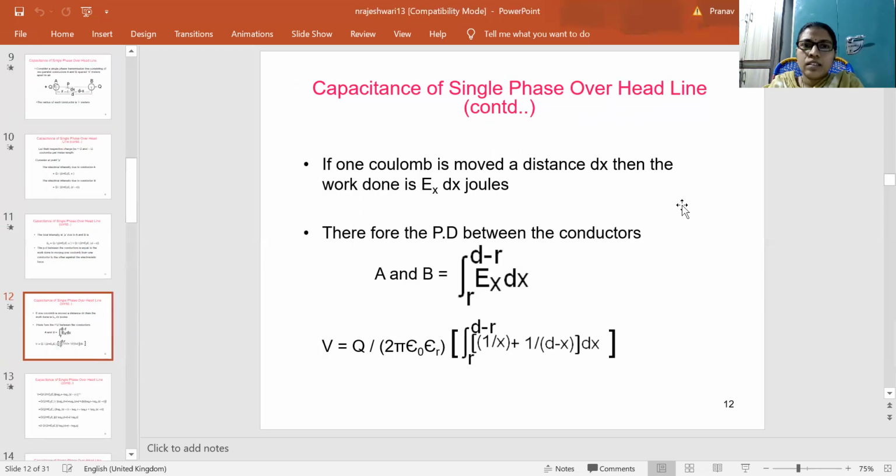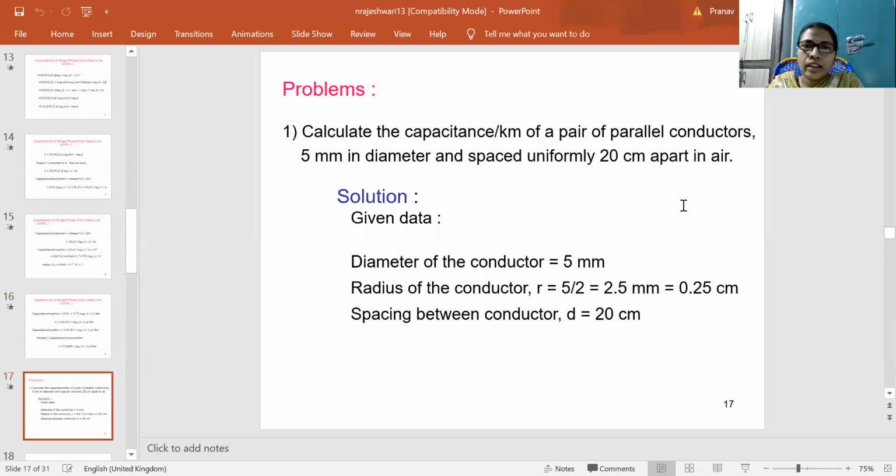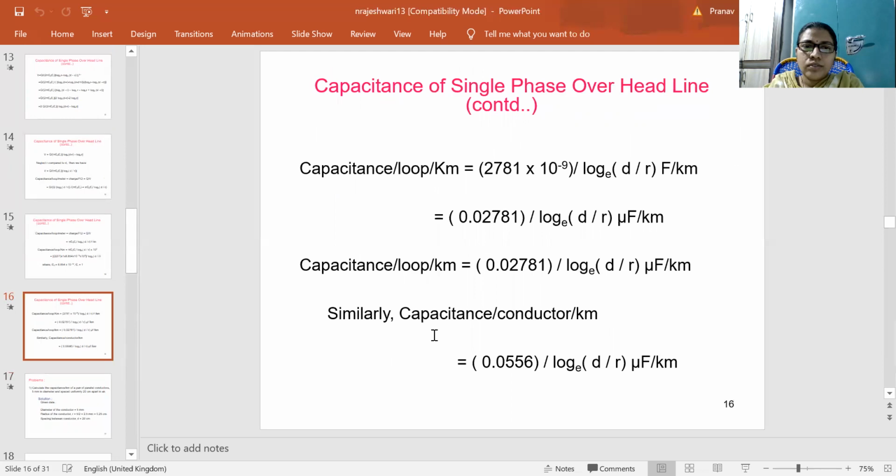Capacitance of a single phase overhead transmission line: the formulas are given by capacitance per loop per kilometer is 0.02781 divided by log of D by R microfarads per kilometer, and capacitance per conductor per kilometer is 0.0556 divided by log of D by R microfarads per kilometer. So these are the two formulas for single phase capacitance of overhead lines.